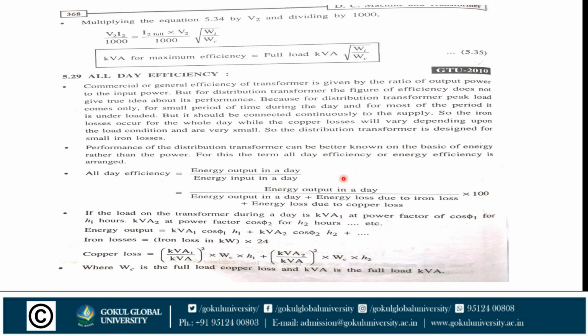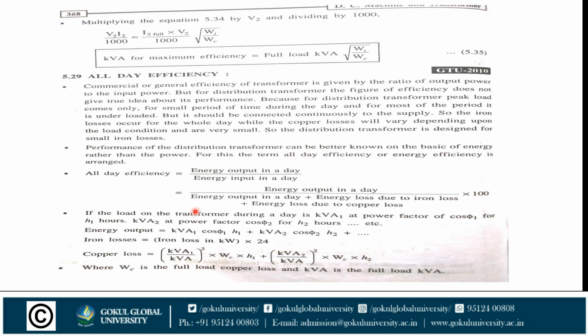Now what is the meaning of these terms? Generally a distribution transformer is connected to the supply for 24 hours, but there is a small period of time during the day that the maximum, or you can say peak load, comes to the transformer.